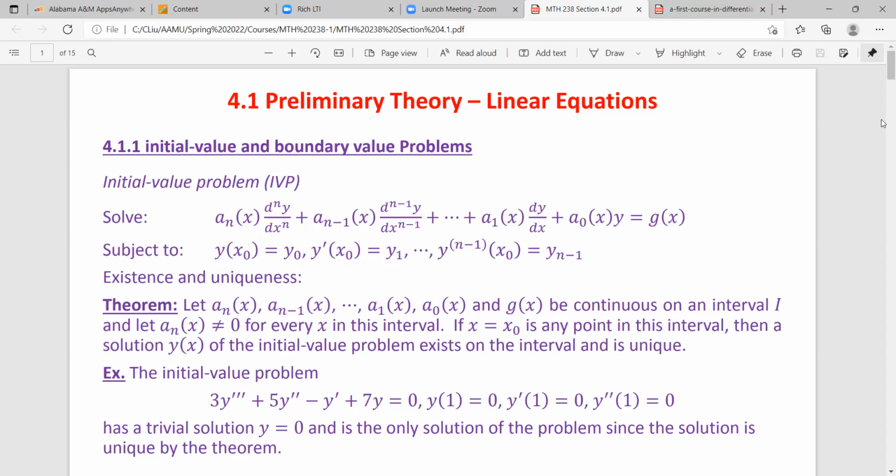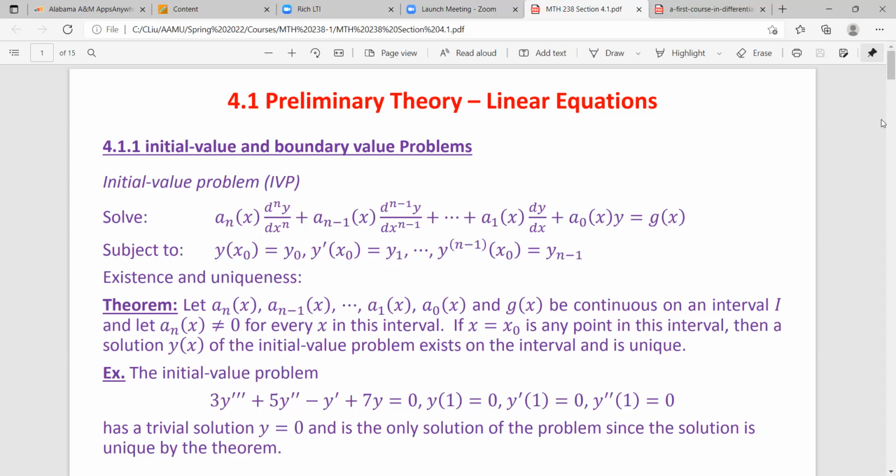So we're going to start the preliminary theory, and that's only for linear equations. You will see how complicated differential equations are, even for linear ones. So this section is pretty long.